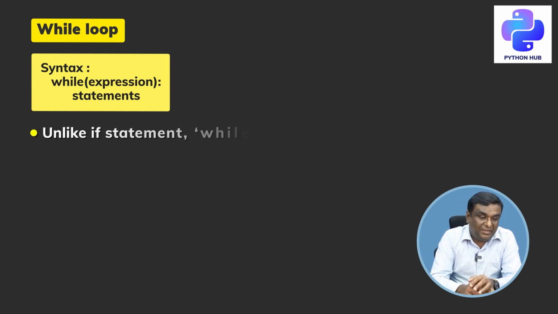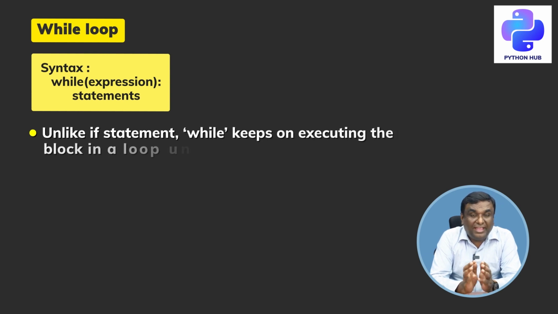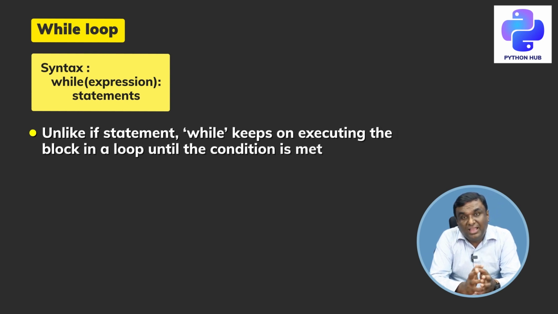Unlike if statement, while keeps on executing the block in a loop until the condition is met. So for is about meeting a certain condition, you're executing certain items. Here, you're executing everything till a certain condition is met.